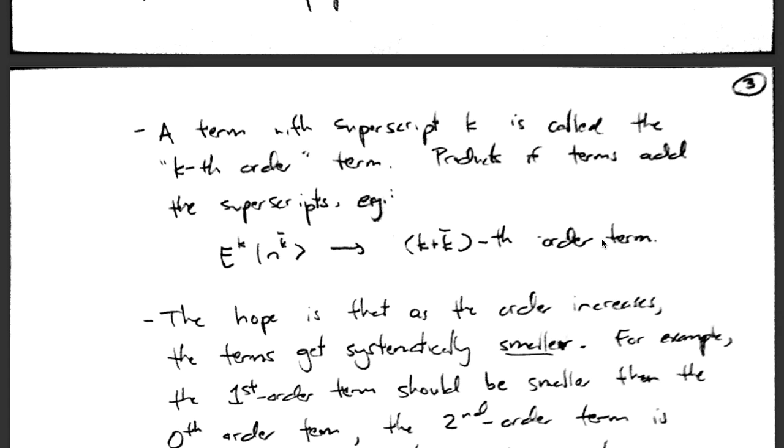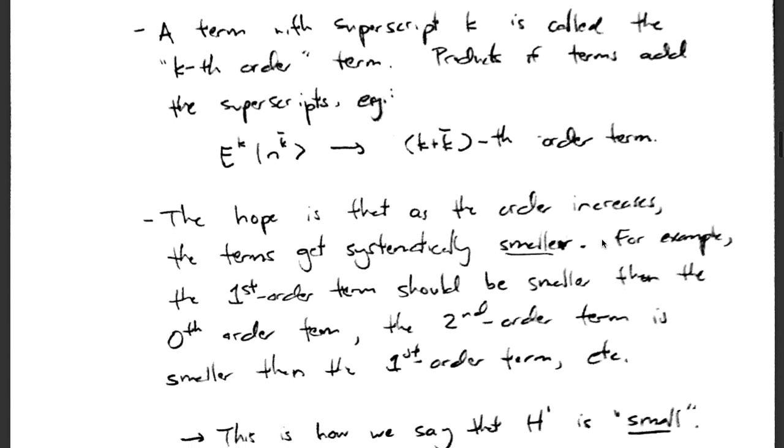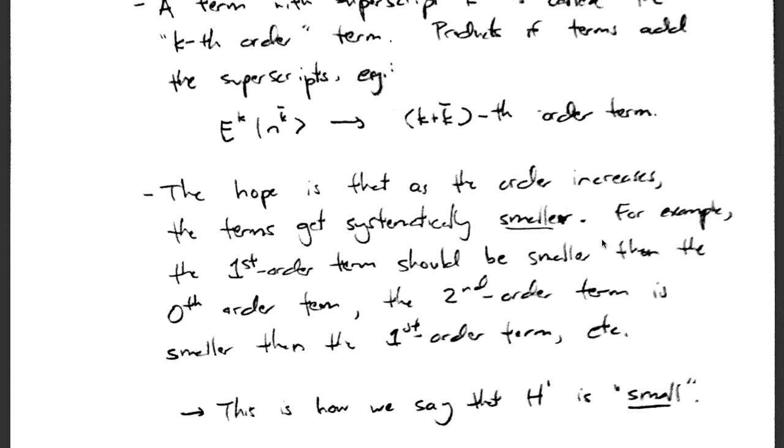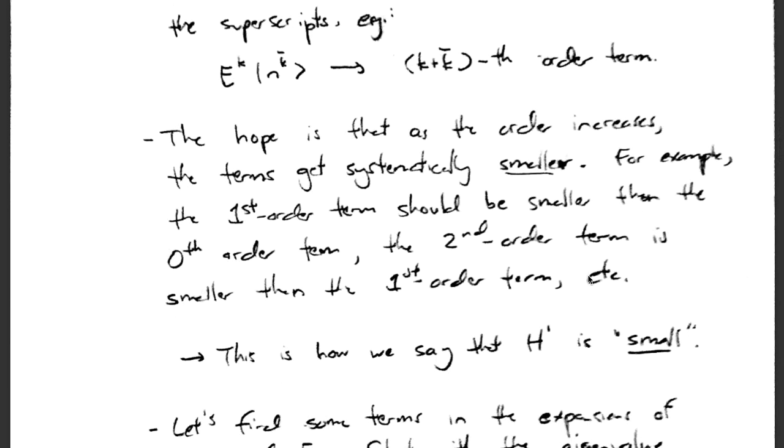They're counting what order you are in perturbation theory, and so they always add if you have products of these terms. And like I said, the hope is that in using perturbation theory, these terms, as you go up in order, get systematically smaller. If that's not the case, then obviously perturbation theory is not a good technique for the problem you're trying to solve.